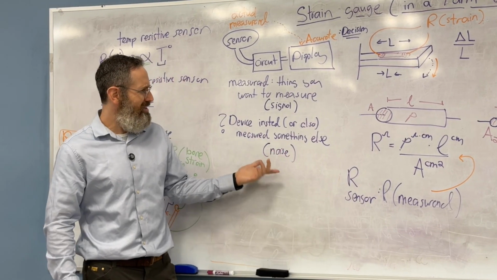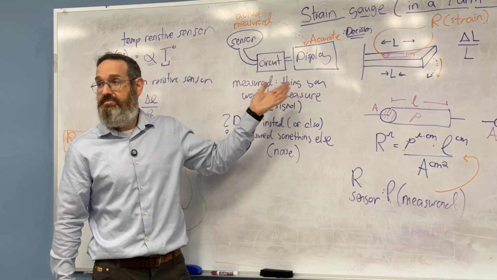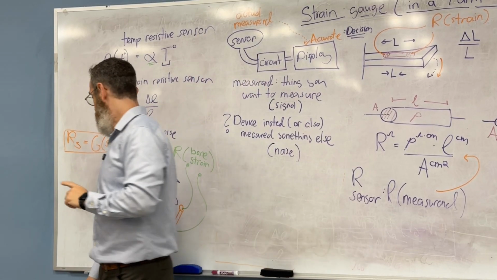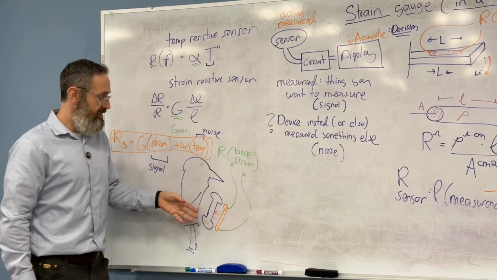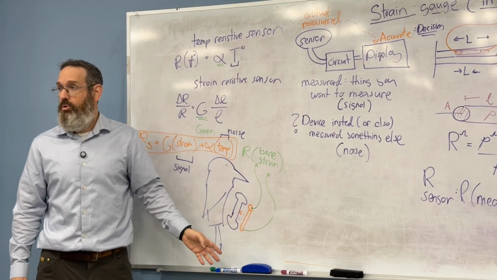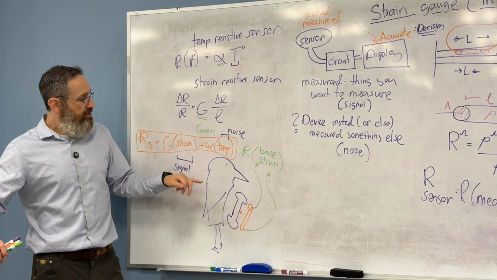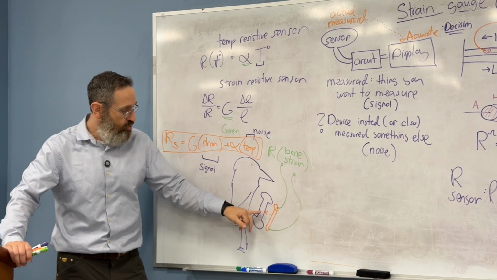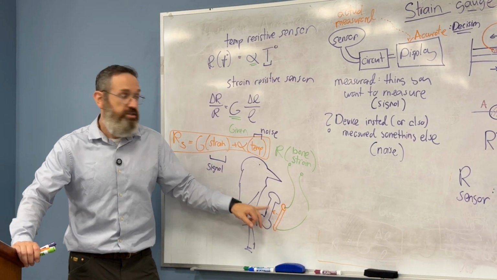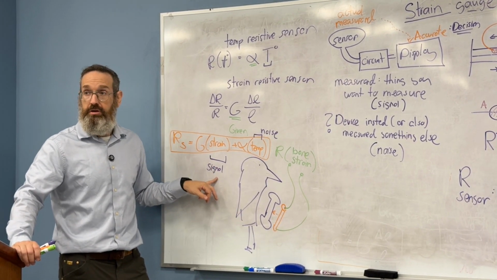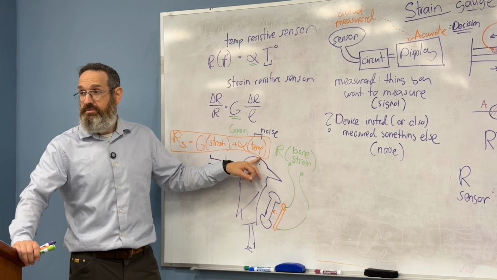And the question is, why is there noise? Let's go to this bizarre example, but it proves the point. The noise happened because your sensor wasn't just sensitive to the signal, it was sensitive to the noise.